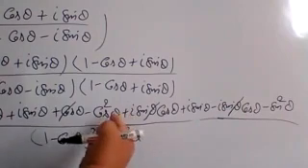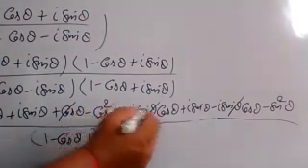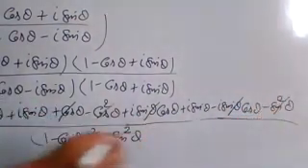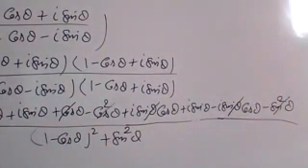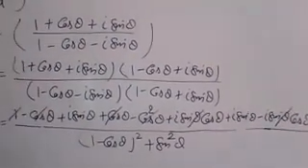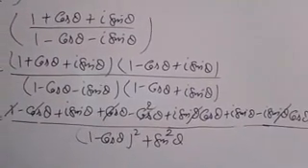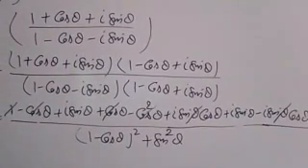So here you have minus 1 and plus 1 is also there. So that also cancels out. Just check your result. Most of the terms are cancelled out here. And just write the remaining terms.